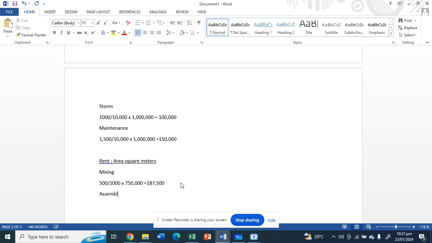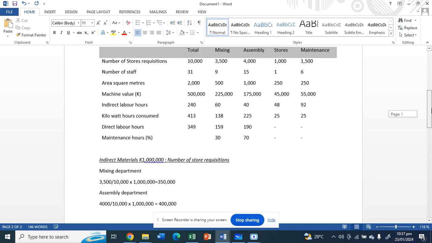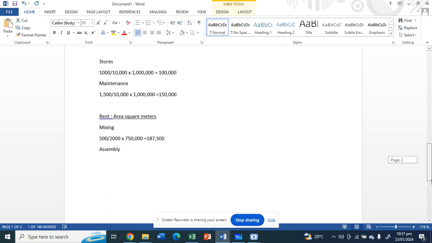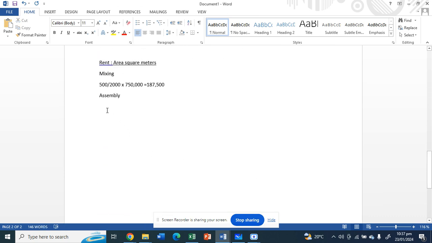Assembly: 1,000 out of 2,000, so 1,000 over 2,000 times 750,000. That should be half of 750,000, which is 375,000.